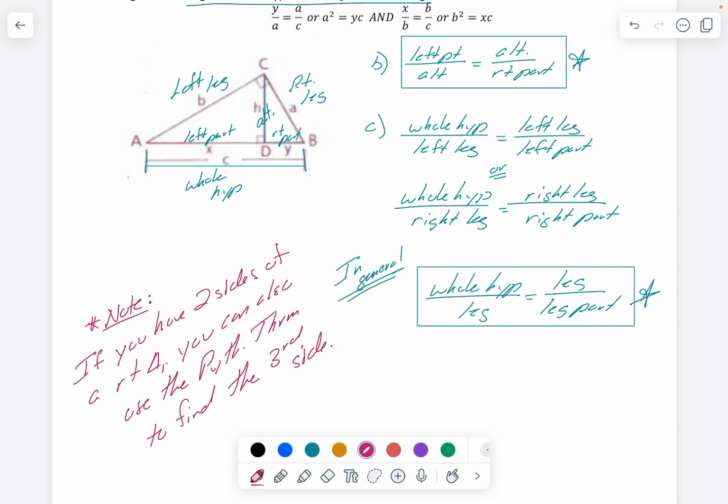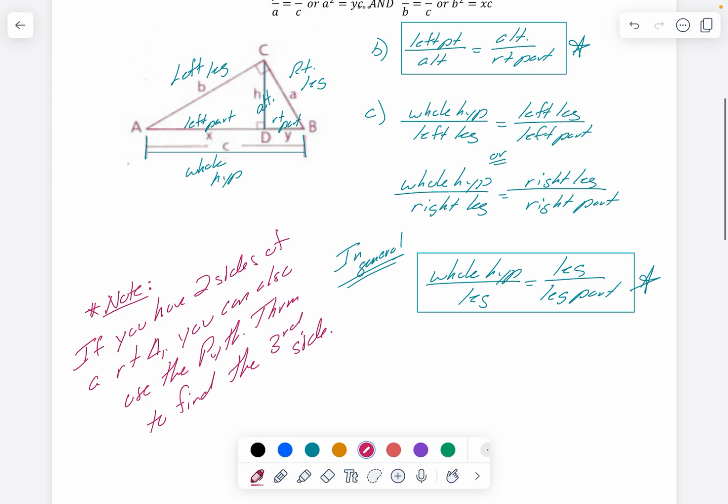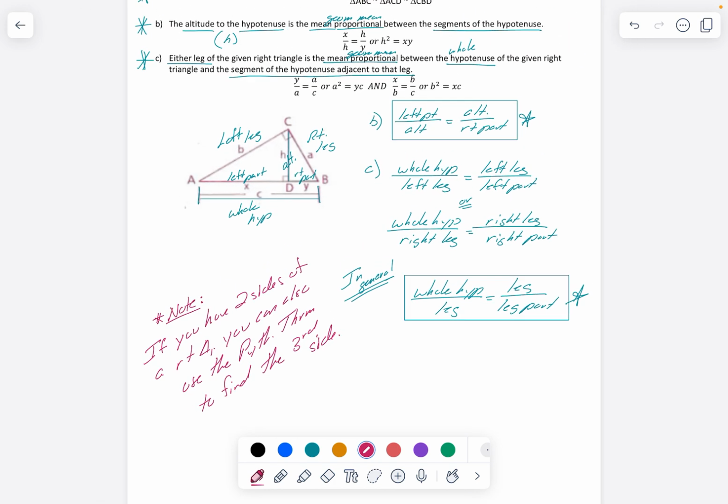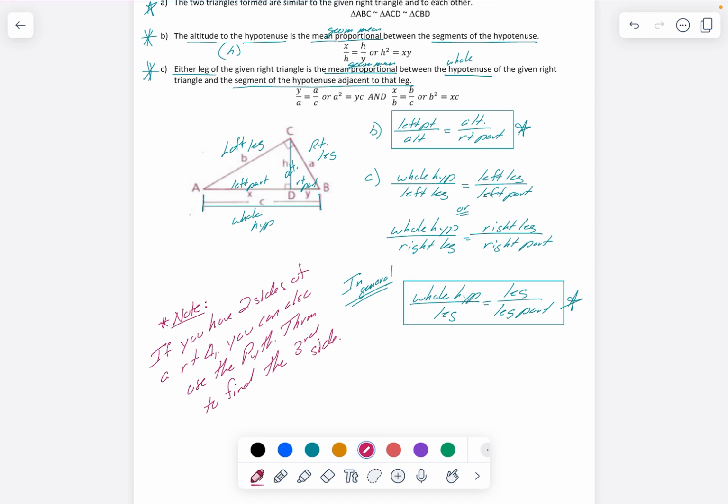So that's an option too. Okay, so if you had like the left leg and the whole hypotenuse, you could use the Pythagorean theorem to find the right leg. So we've got Pythagorean theorem, and we have our two proportions here that we can use.